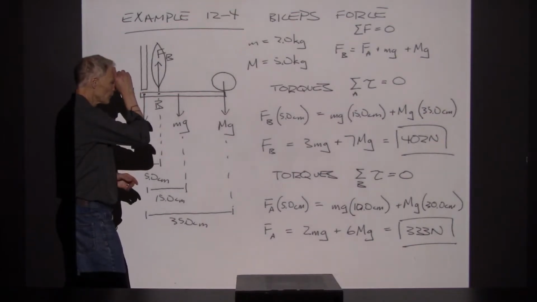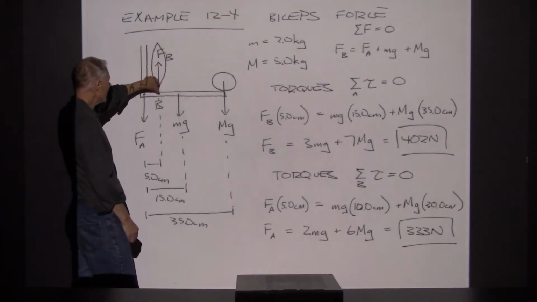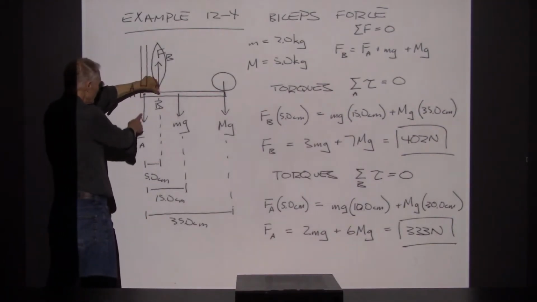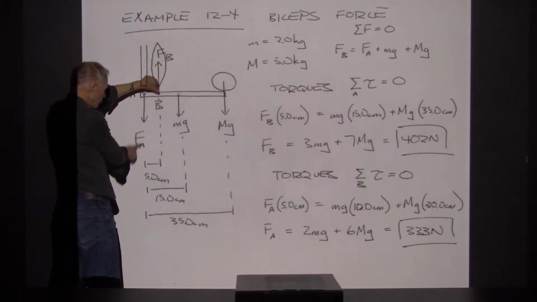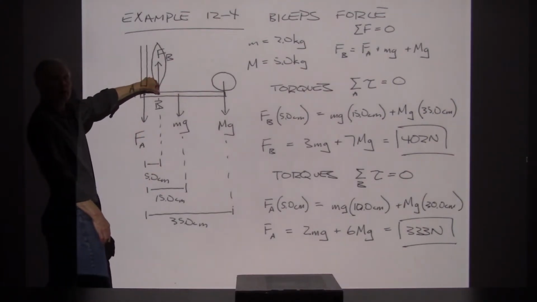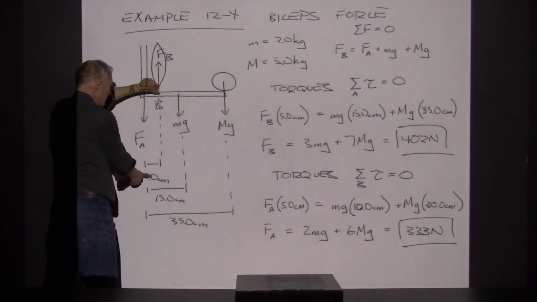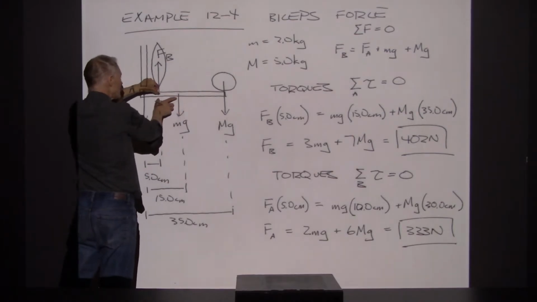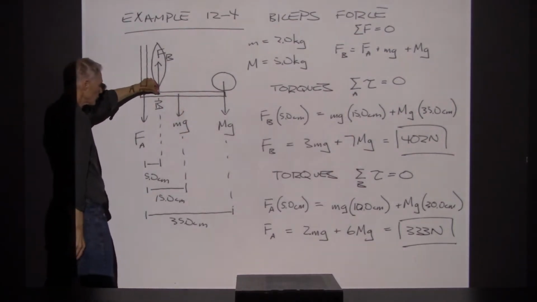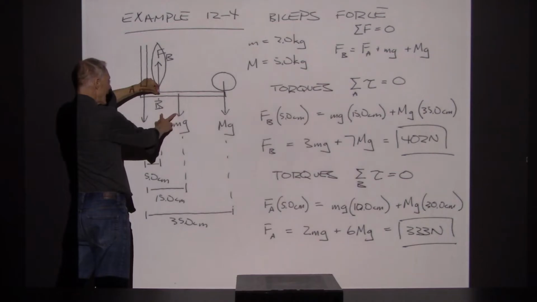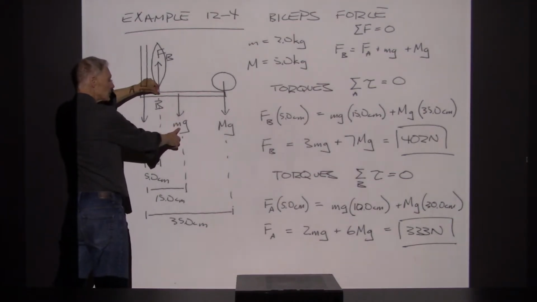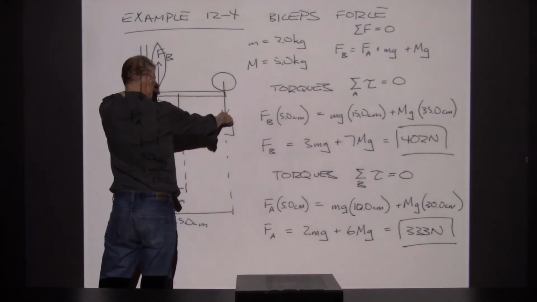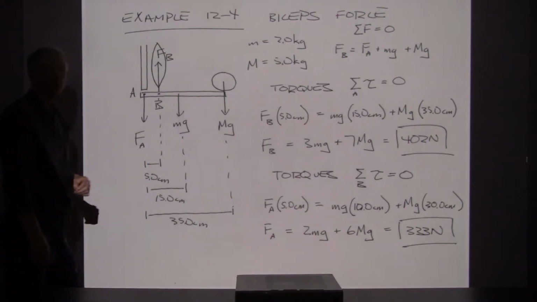So if I pick this point and I start measuring torques, the positive torque is going to come from force A now, and force A has a lever distance of 5 centimeters. So force A times the 5 centimeters has to offset the torques from gravity. Now, lever distances here have also changed. The lever distance now from point B for little mg is going to be 10 centimeters, and the lever distance for big mg is going to be 30.